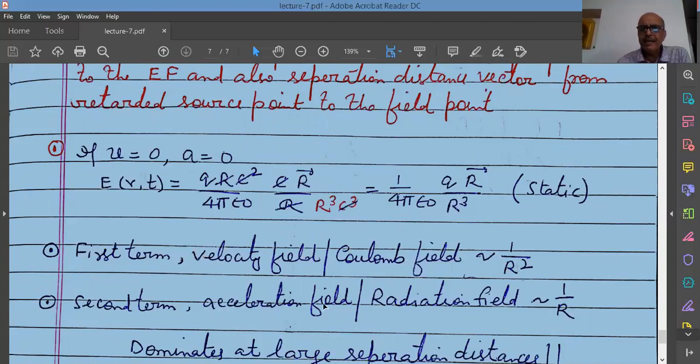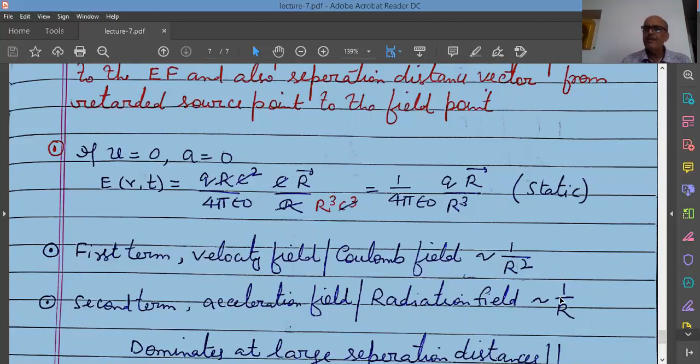But if you look at the second term, the acceleration term, we have u cross r cross a. If you expand it, we will have an additional r, and that additional r will give us the dependence of the acceleration field term as 1 over r.